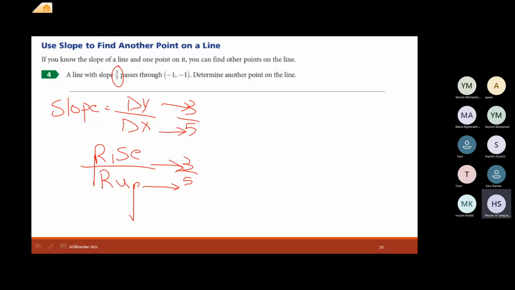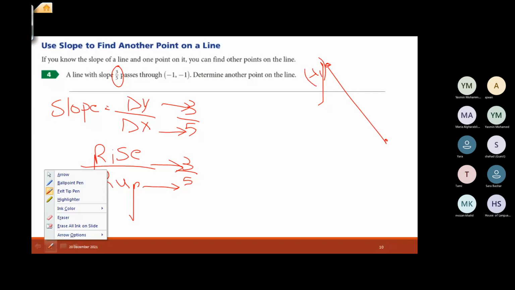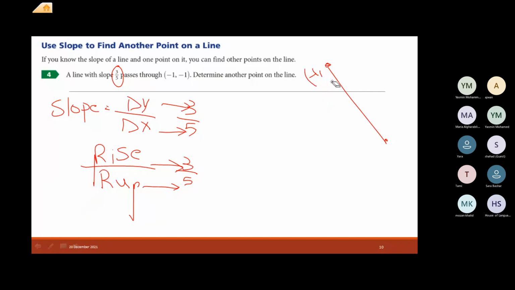The second step, I told you, it gives you 1 point and I need to find the second one. What do I have to do? Now, look at me how to solve it.